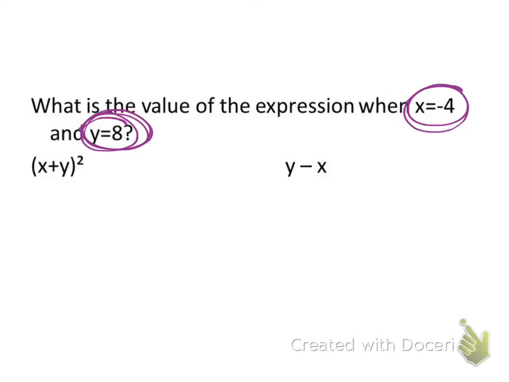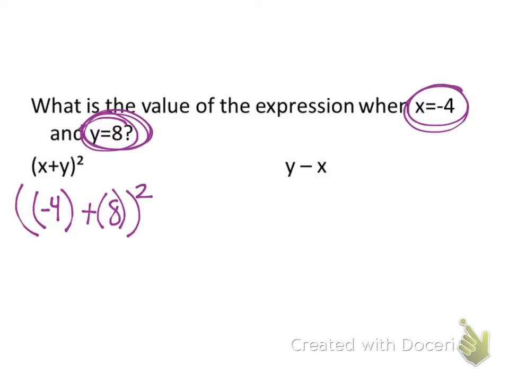All right, so for the first one, I have the parentheses from the problem. Then I have parentheses for my x value, which is negative 4, plus parentheses for my y value, the parentheses from the problem, and the squared from the problem.